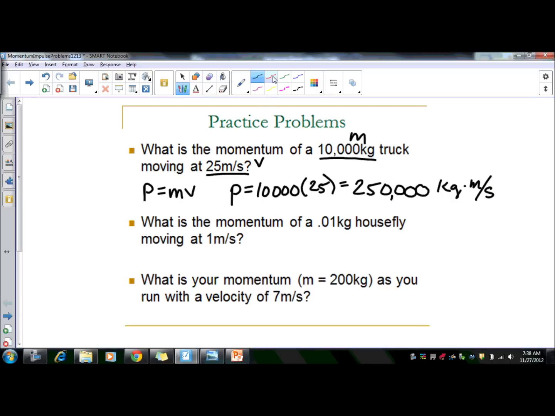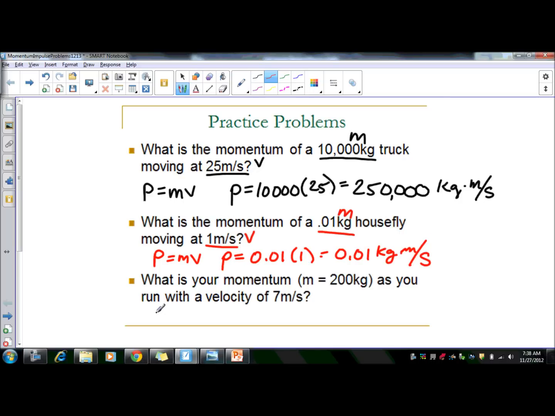What is the momentum of a 0.01 kilogram housefly moving at 1 meter per second? So again, we're going to use our equation. So this is our mass, because it's in kilograms. This is our velocity, because it's in meters per second. So 0.01 times 1 gives us 0.01 kilogram meter per second.